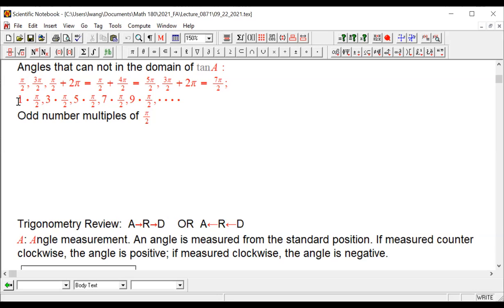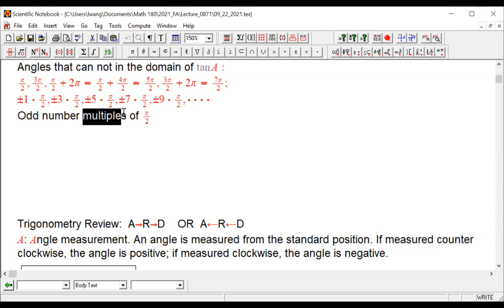Could that be negative numbers too? Could it be plus or minus? Think about clockwise measurement, right? So the multiples can be positive or negative integers.